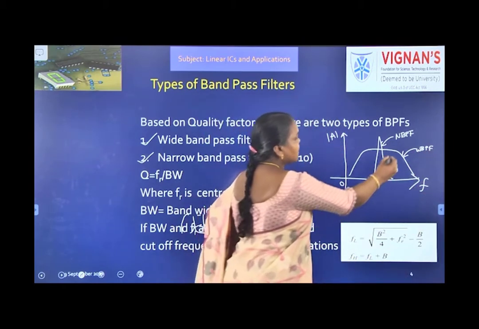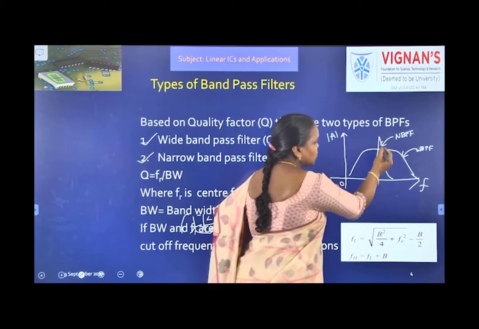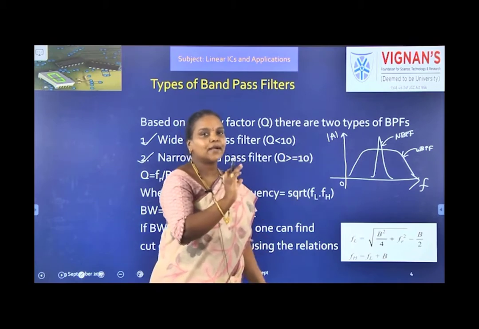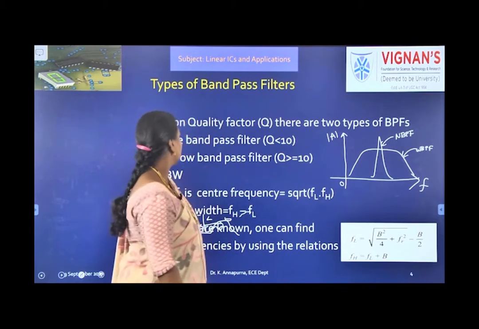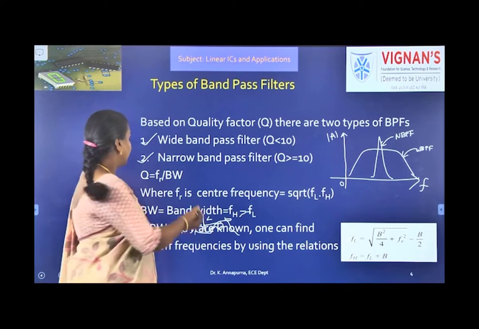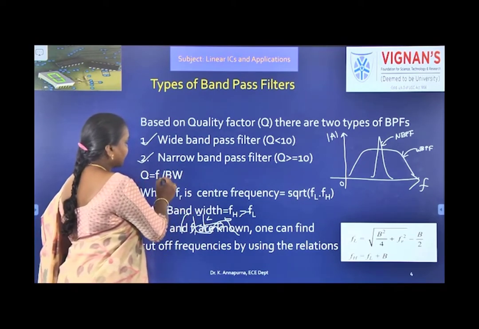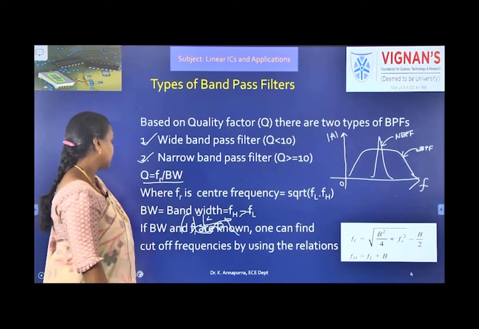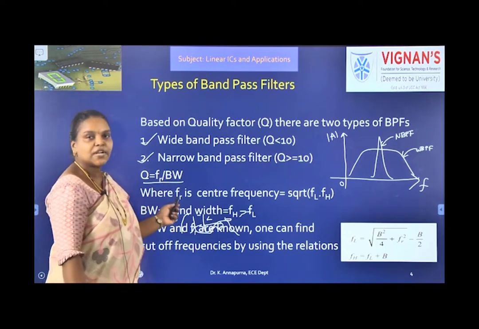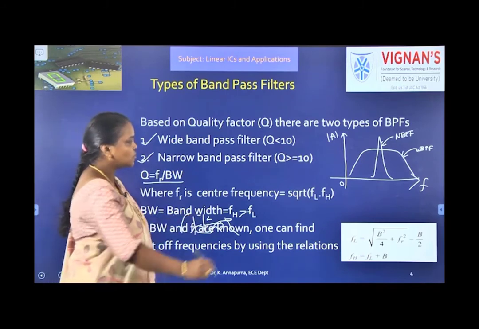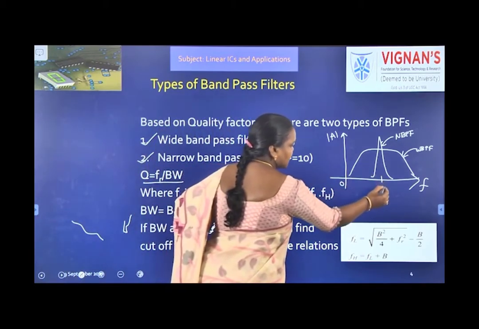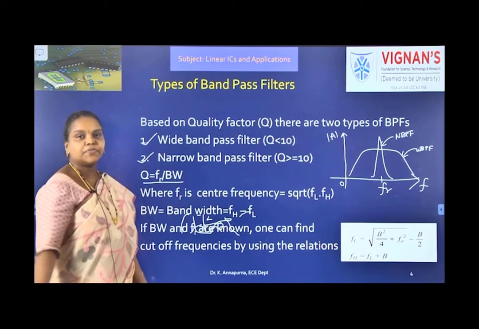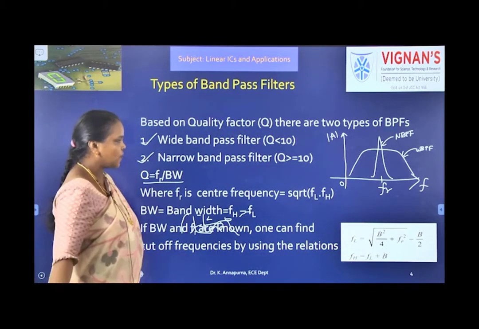Compared to wide bandpass, narrow bandpass should provide a very high quality factor. Then only we are able to pass only that particular range of frequencies. And next, you know quality factor is equal to FR by bandwidth, that is resonant frequency by bandwidth, where FR is resonant frequency or center frequency. So here this is the center frequency. Bandwidth means upper cutoff minus lower cutoff.